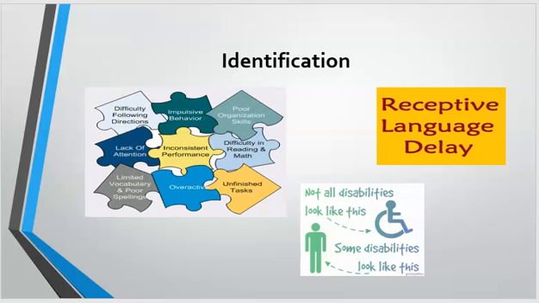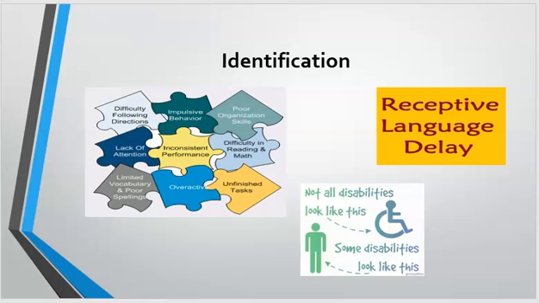The next step of the process is the identification. This is also known as the evaluation process. In this stage, the teacher assistance team will meet to discuss the areas that need to be evaluated. These are the areas of delay as observed during the monitoring process.